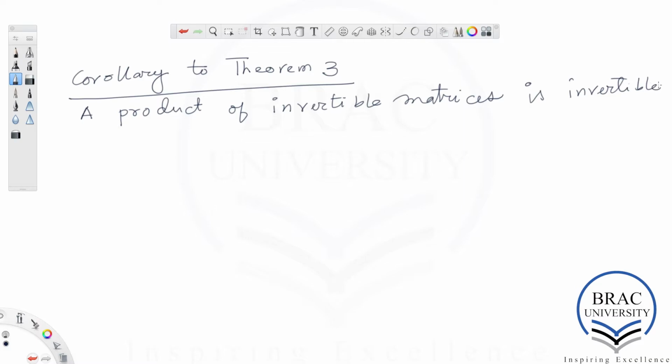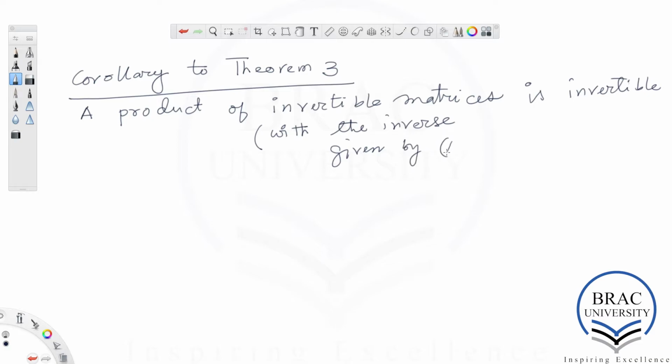So the proof is straightforward, and hence I am omitting it. So it says that a product of invertible matrices is invertible with the inverse given by, I'm putting it as a side note, with the inverse given by, we have proved it for two matrices. You just prove it for n matrices. The proof is going to be straightforward.